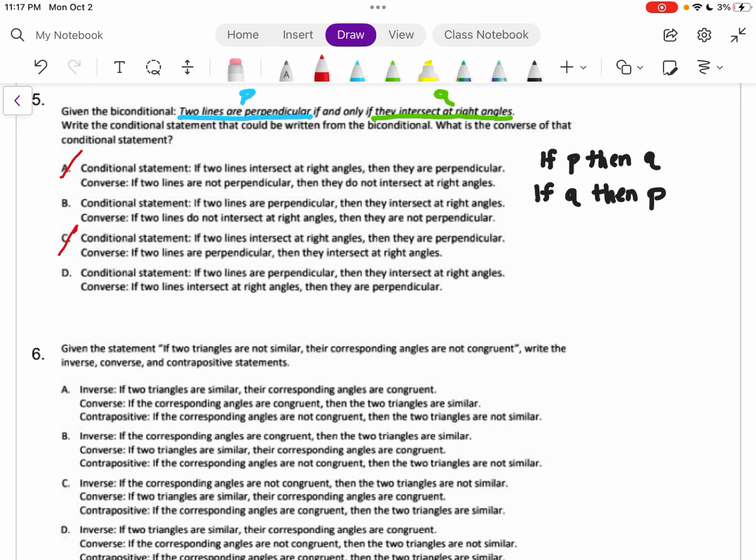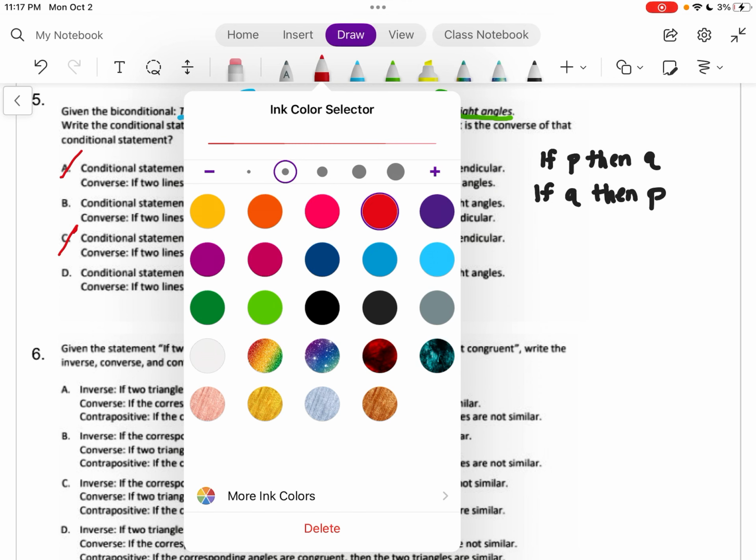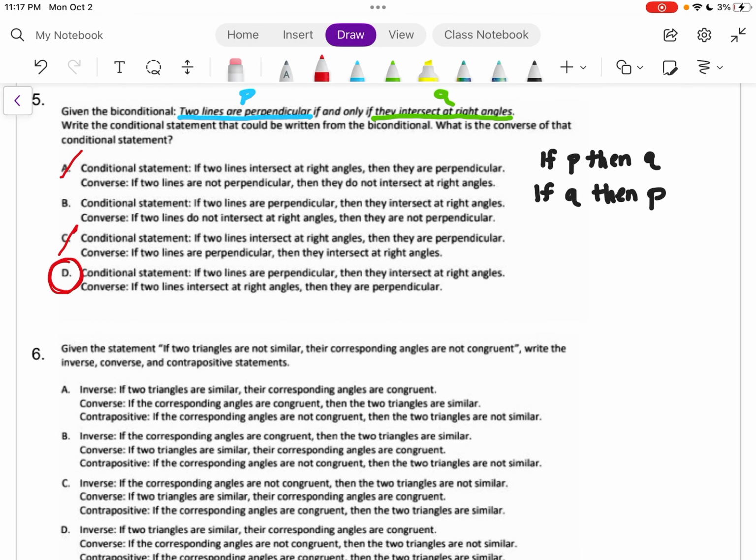The converse would say if lines intersect at right angles, then they are perpendicular. There's only one option that says this, and that is answer choice D, which is the correct answer.